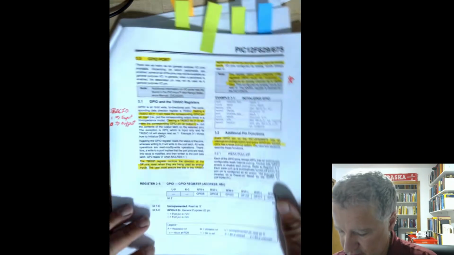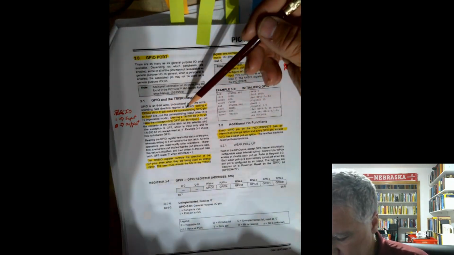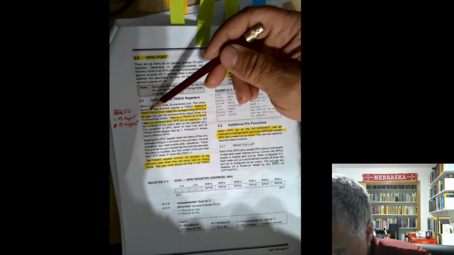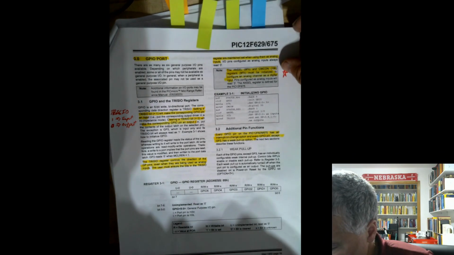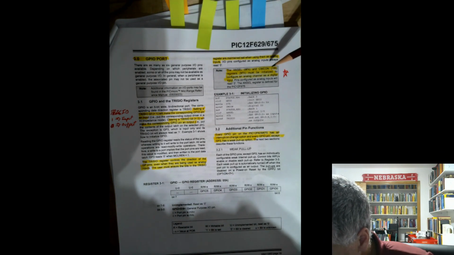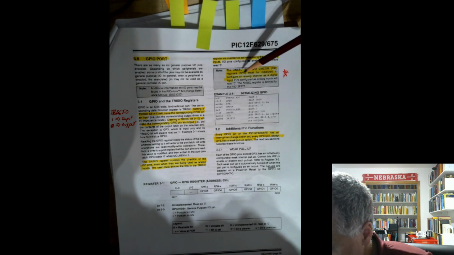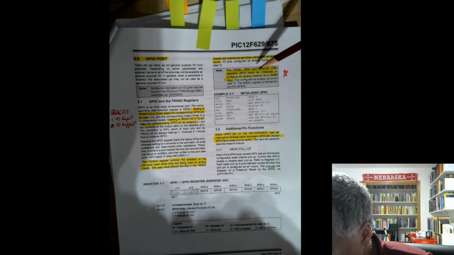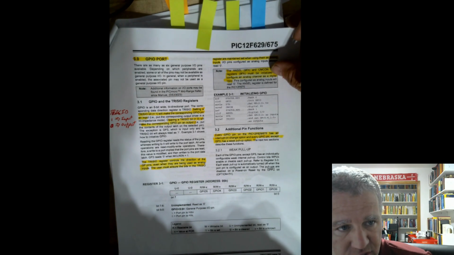Let's look here at the GPIO ports. Important thing here, in the TRIS, we set a 1 if we want it to be an input and a 0 if we want it to be an output. Another important thing that we'll see in the code is that the ANSEL and the CMCON must be initialized to configure an analog channel as a digital input.